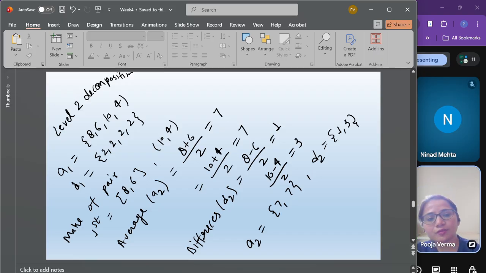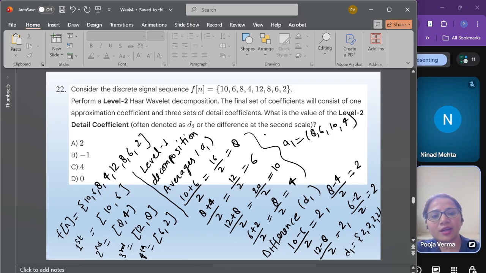So they have asked for the differences in the level 2, but in the question it also states that the final set of coefficients will consist of 1 approximation coefficient and the 3 sets of detailed coefficient, right? So already 2 sets of the detailed coefficient we have performed.